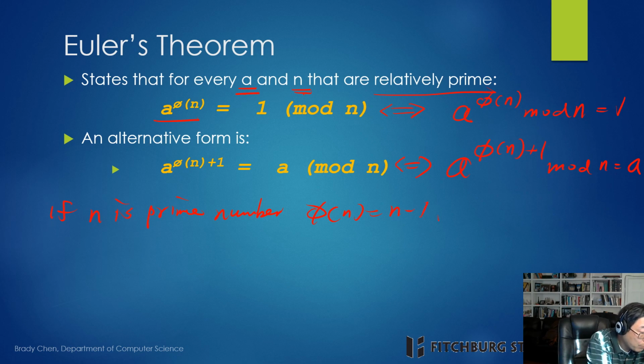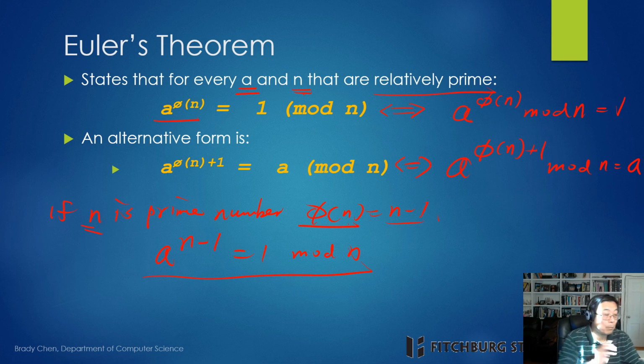So if n is a prime number, Euler's theorem becomes a to the n minus 1 equals 1 mod n, because phi of n is n minus 1. That's exactly Fermat's theorem.